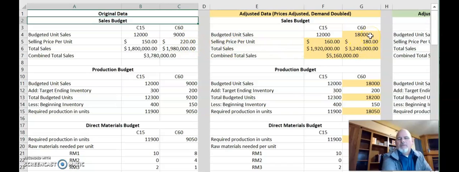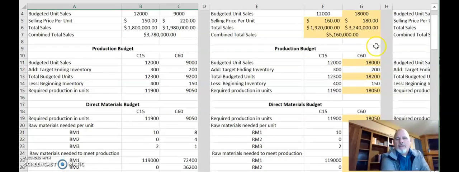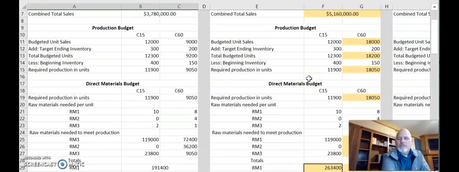We also doubled the demand from 9,000 to 18,000, and then we continued to work through the problem with those assumptions. So the sales went up. You can see that because of the increased sales and the production increase, that also impacted the production budget by those number of units.